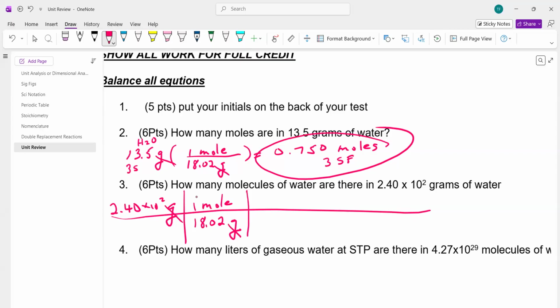All right, we're in moles now. Now we need to go to molecules. Whenever we see how many, that's the clue to go to Avogadro's number. It's anything. It could be sheep, or a dozen apples. So in this case, it's molecules.